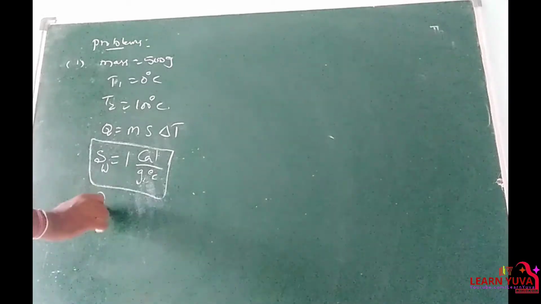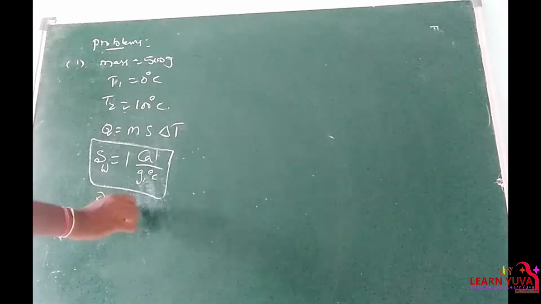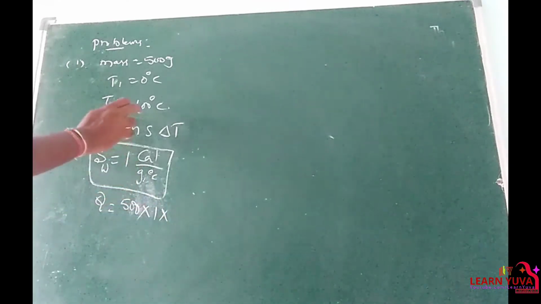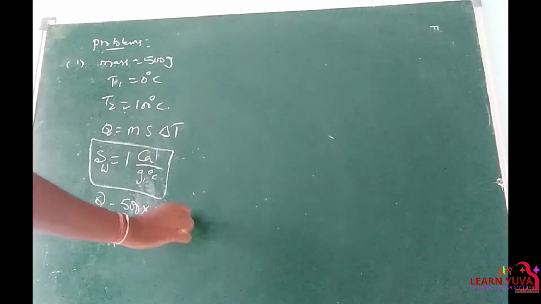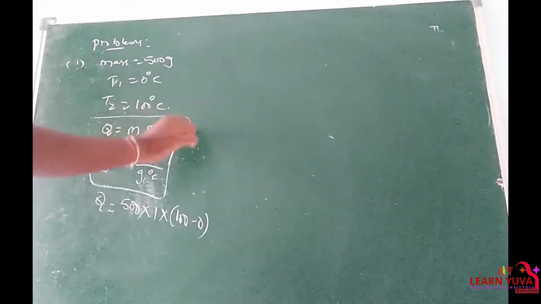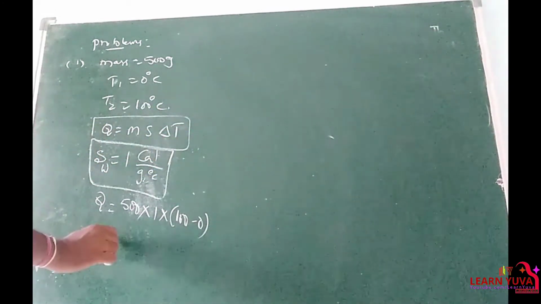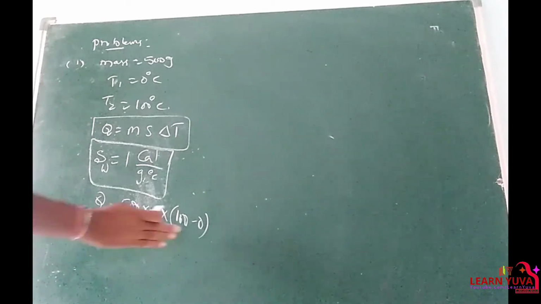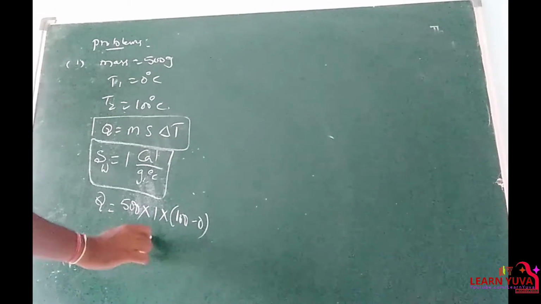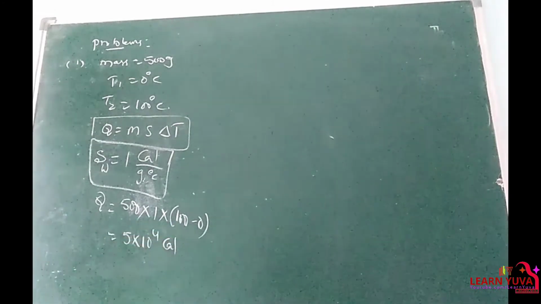So Q is equal to M 500, S 1, delta T. That means T2 minus T1, so 100 minus 0. By using this formula, Q is 500 into 1 into 100. That means 5 into 10 power 4 calories.